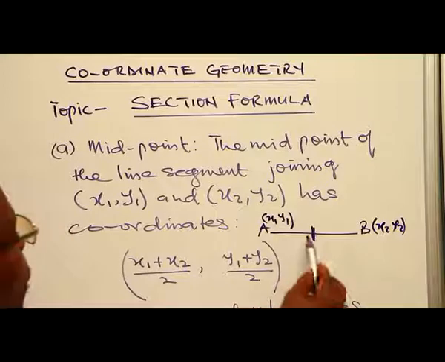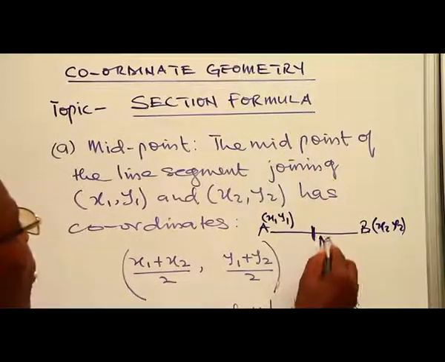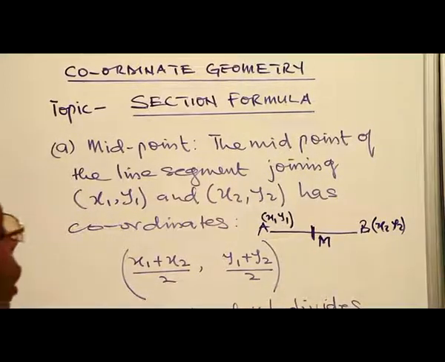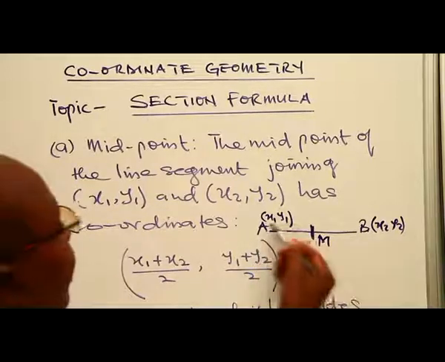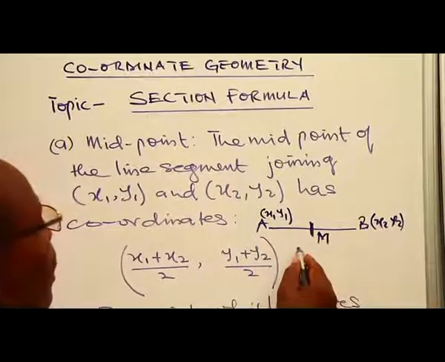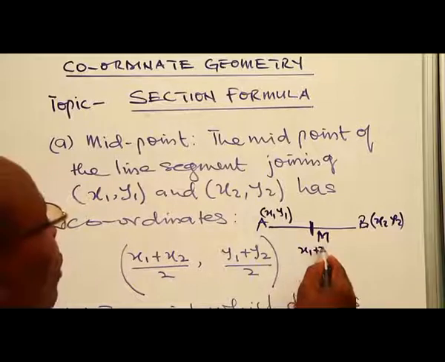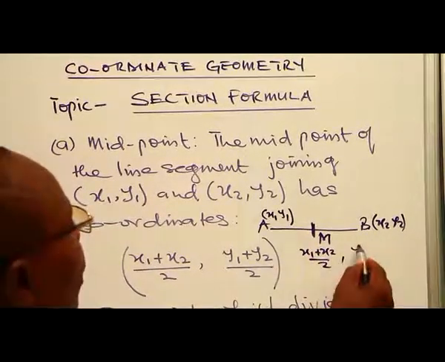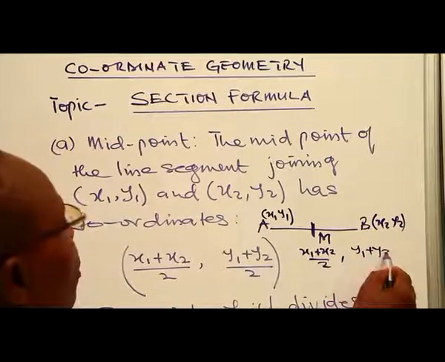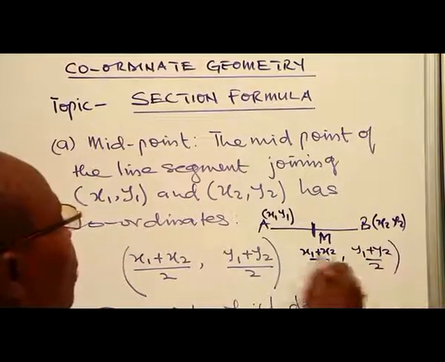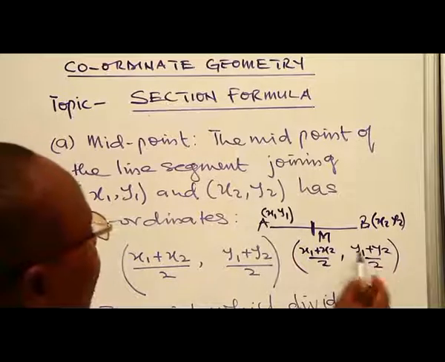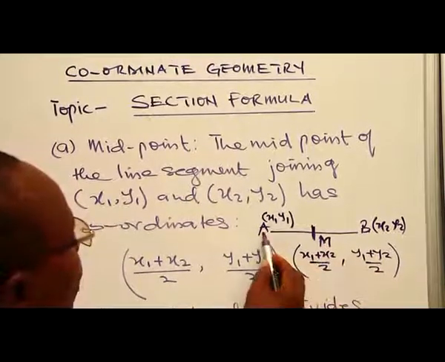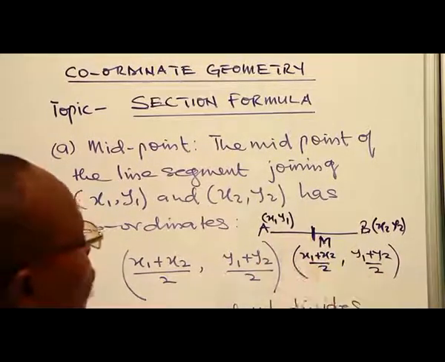Now to find the midpoint, let's call it M, all you need to do is add the x coordinates, x1 plus x2 divided by 2, and add the y coordinates, y1 plus y2 also divided by 2. The value you have is the coordinate of the point M, which is the midpoint of A and B.